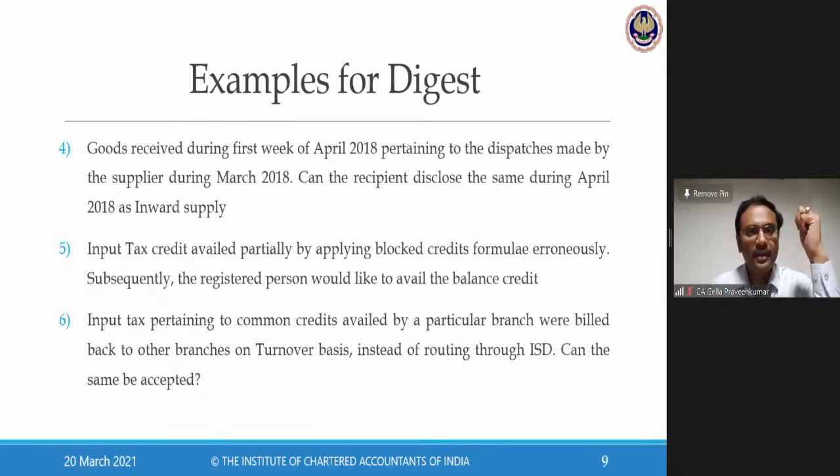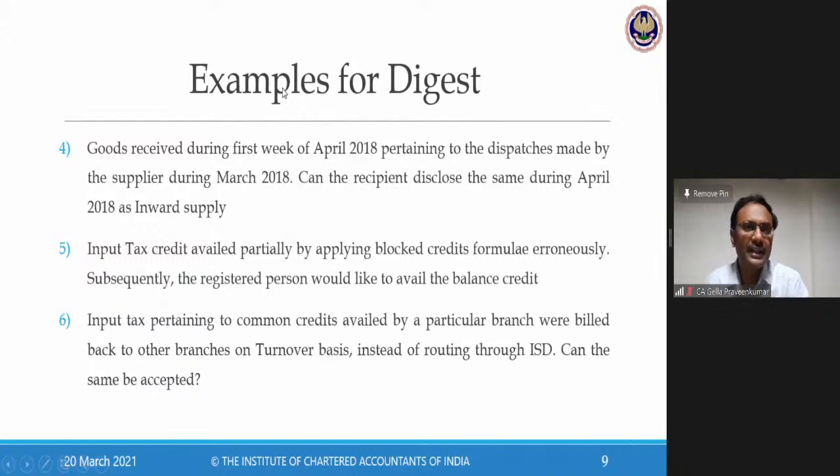Fourth example, goods received during the first week of April 2018 pertaining to the dispatches made by the supplier in March 2018. Can the recipient disclose the same during April 18 as inward supply, or should it be disclosed in March 2018 as a purchase? Now, again, you have Accounting Standard 9 on revenue recognition.